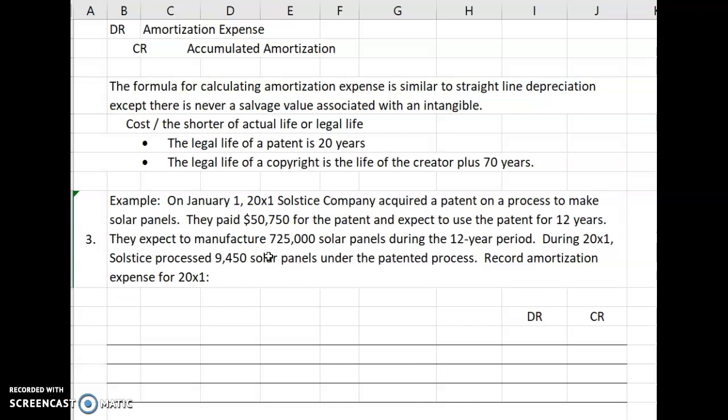During 20X1, Solstice processed 9,450 solar panels under the patented process. Record amortization expense for 20X1. Please pause your video, calculate the amortization expense, and record the journal entry.